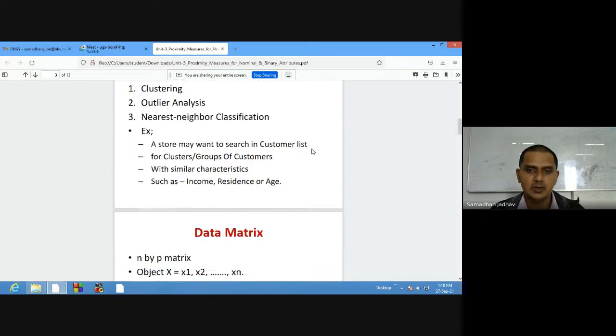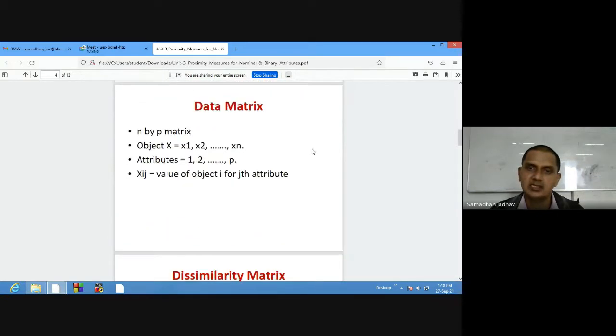Now let us see what the data matrix is. Suppose we have n number of objects, and these objects are represented by p number of attributes. Here objects are represented by x, so x1, x2, up to xn are the objects. They may be, for example, employees, students, or customers. So x1 is the first employee, x2 is the second employee, xn is the last employee.